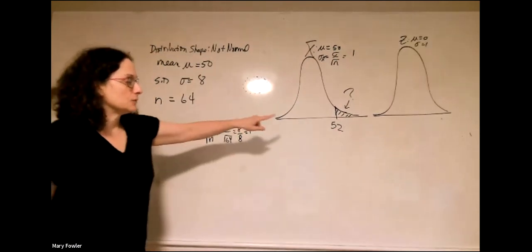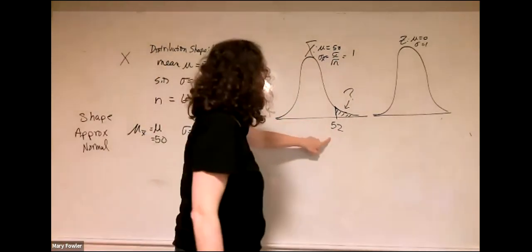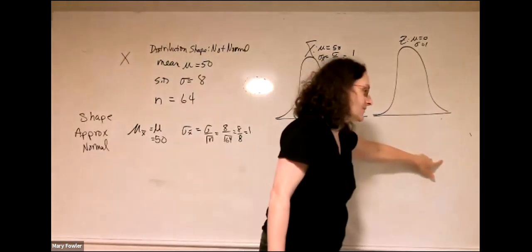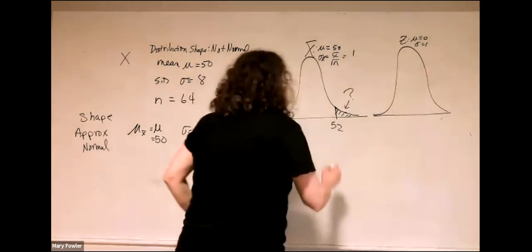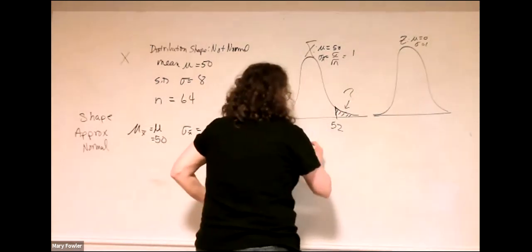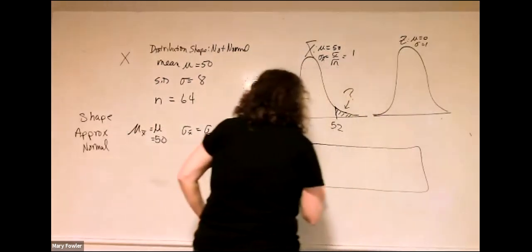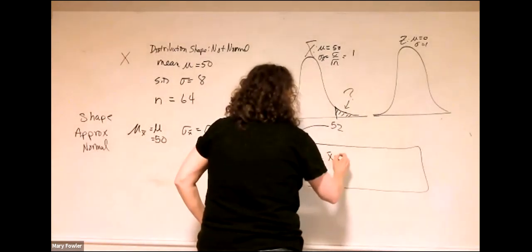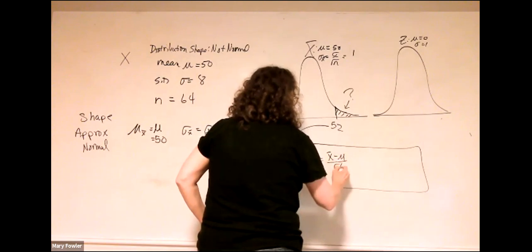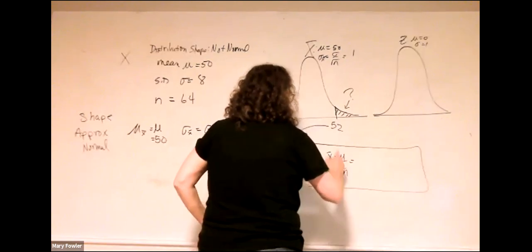And now what I want to do is take the 52 and put him on the Z-bus and figure out where he falls over here. Okay. So put a little box down here. 52 goes on the bus. Z equals X bar minus mu divided by sigma over the square root of n.